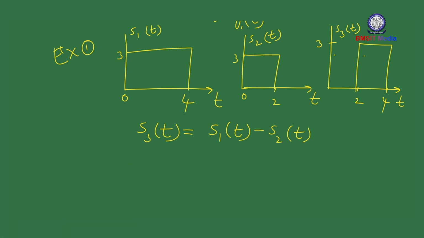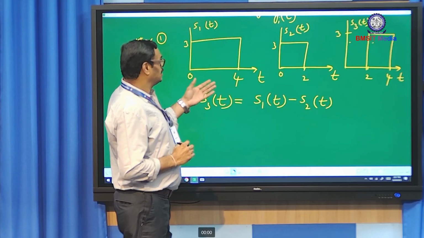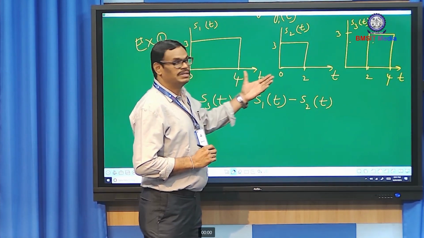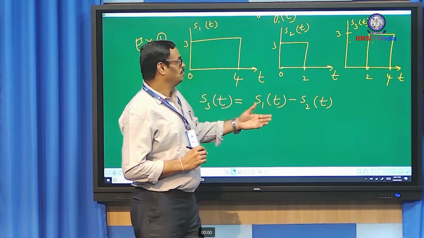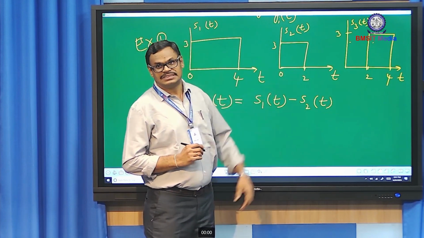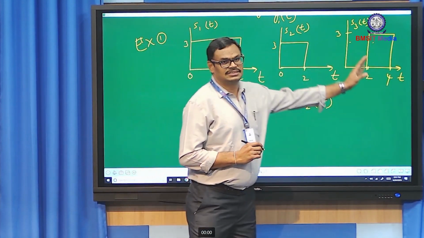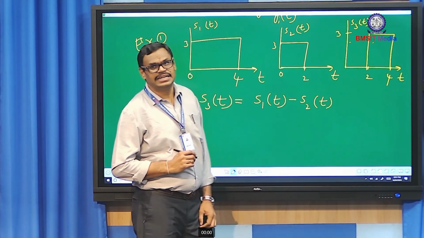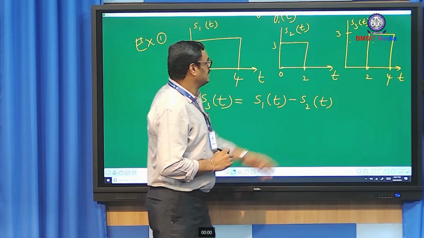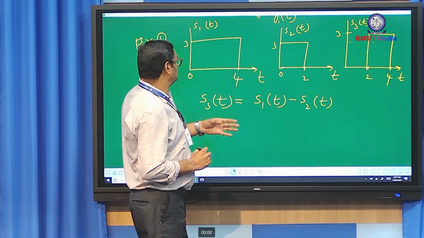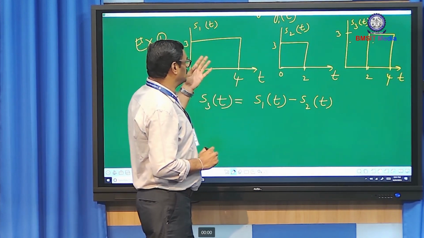So the number of orthonormal basis functions will be less than the number of signals, because all three are not linearly independent.